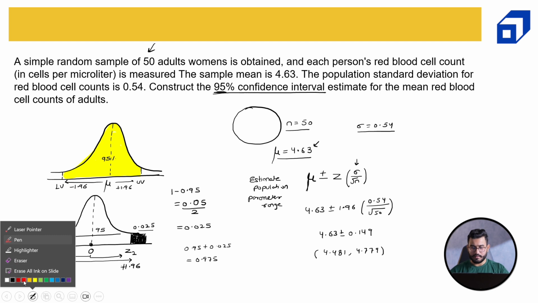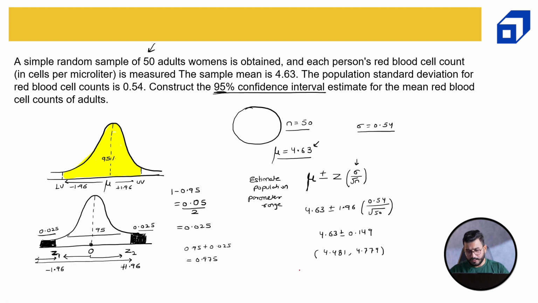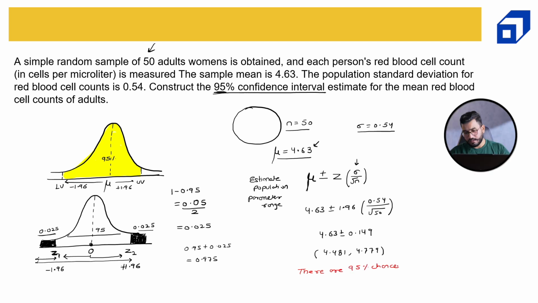This basically means that there are 95% chances that the actual population mean would lie somewhere between 4.481 to 4.779.